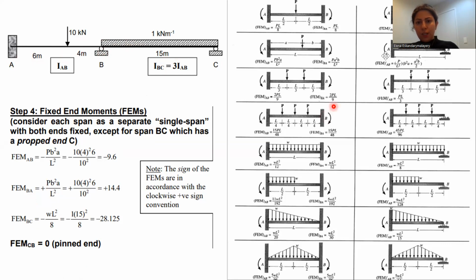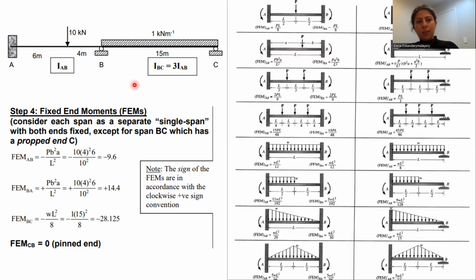That would be this one, because we have 2 fixed supports at A and B, and the point load is applied somewhere along the beam.